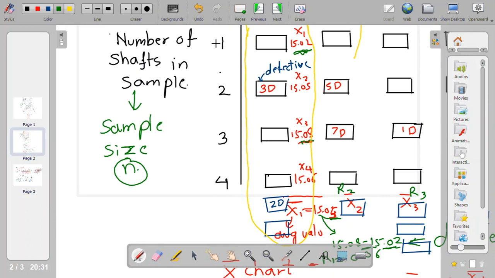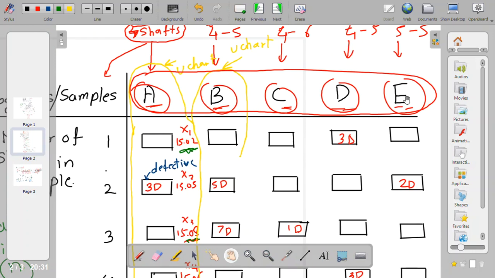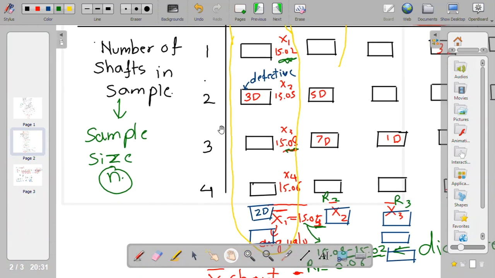Sample size, that means how many items are there in one sample. So in this case, capital N is 5 and small n is 4.